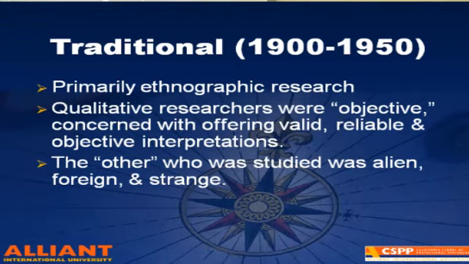They didn't even call them participants, they called them subjects, they called them the natives, they called them culture groups, whatever. There was a definite distinction between the researchers and the researched, and the other who was studied was considered alien, foreign, and strange. And so there was a definite power differential between the researcher and the researched.